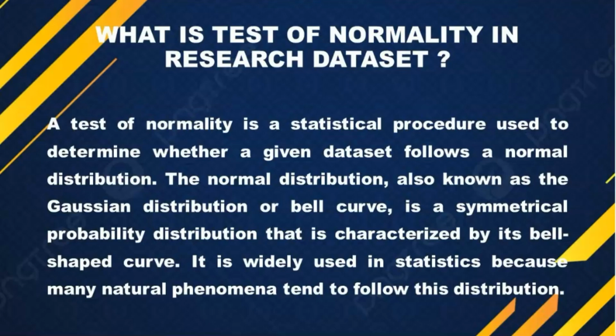The normal distribution, also known as the Gaussian distribution or a bell curve, is a symmetrical probability distribution that is characterized by its bell-shaped curve. It is widely used in statistics because many natural phenomena tend to follow these distributions.